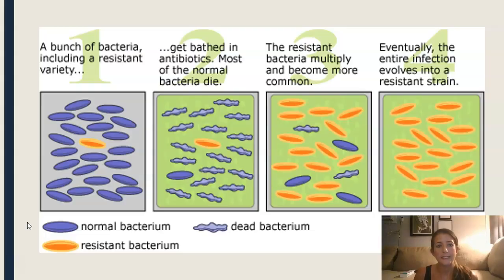Okay, so what we're going to discuss now is just one mechanism of evolution. When you're looking at this diagram, in our first picture we see bacteria with some different traits. You have these normal bacteria and antibiotic-resistant bacteria. When those bacteria are exposed to antibiotics, the normal bacteria are dying off.